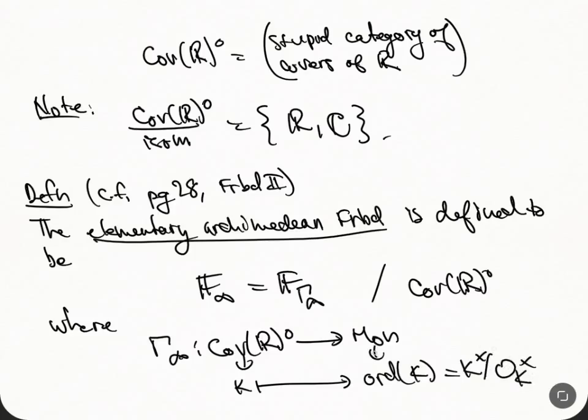So this is the value group. Maybe I could call this gamma of K. So it maps it to the magnitude.